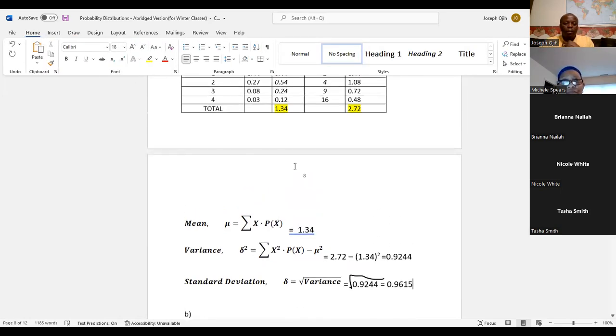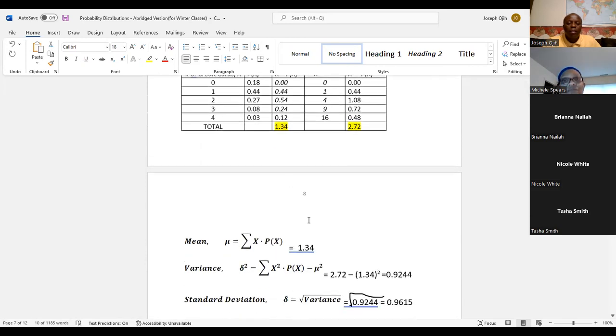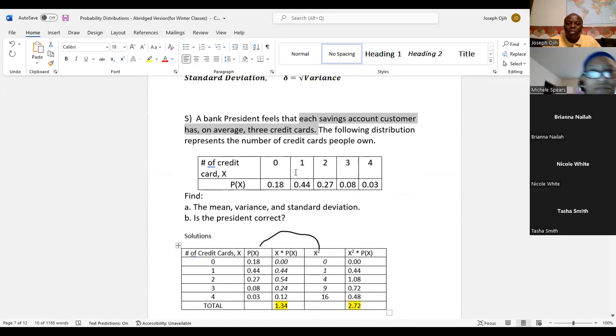Okay, good. Now, part B says, is the president correct? Remember, the president is claiming that each current savings account customer has, on average, 3 credit cards, right? But our mean here is approximately 1 credit card on average. But he's claiming that they have on average 3.